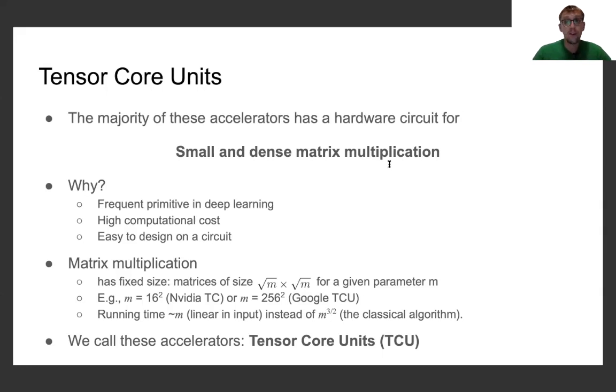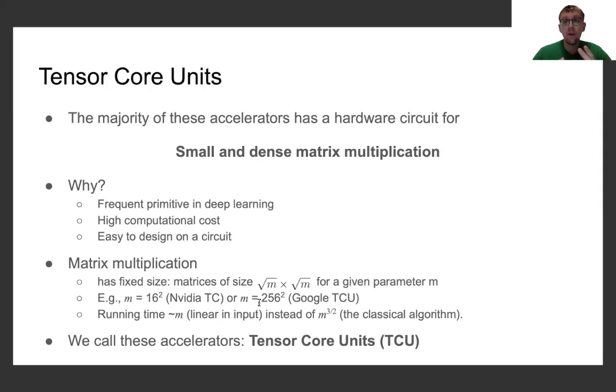So note that these hardware accelerators cannot multiply any matrix. This hardware accelerator can multiply two matrices of fixed and given size. Let's say size square root of m times square root of m, and m is a hardware-defined parameter. For instance, in NVIDIA Tensor Core, m is equal to 16 squared, while in the Google Tensor Core unit, m is 256 squared.